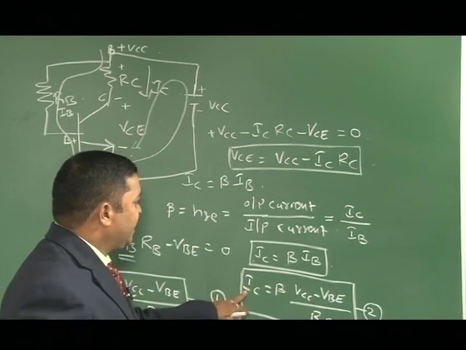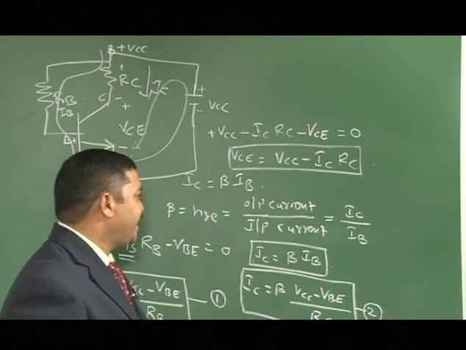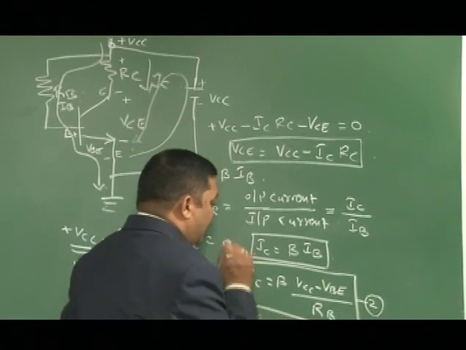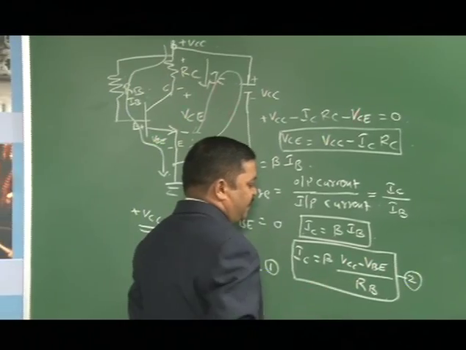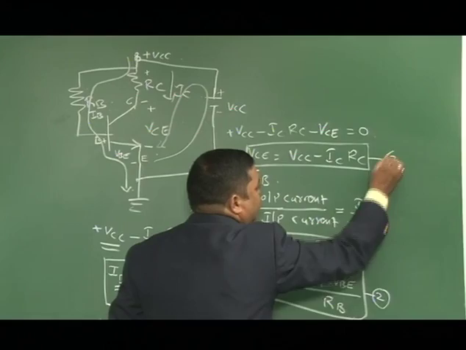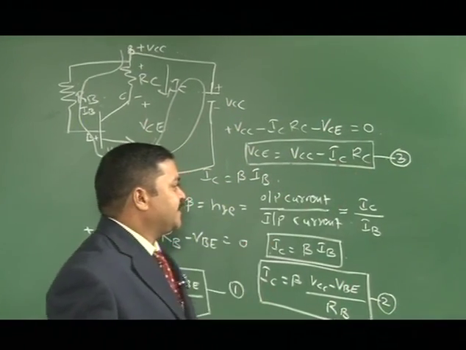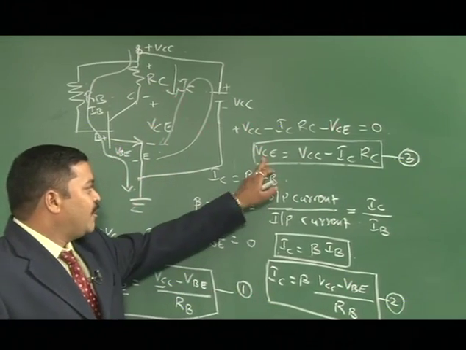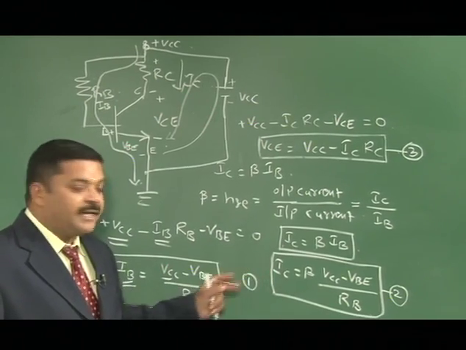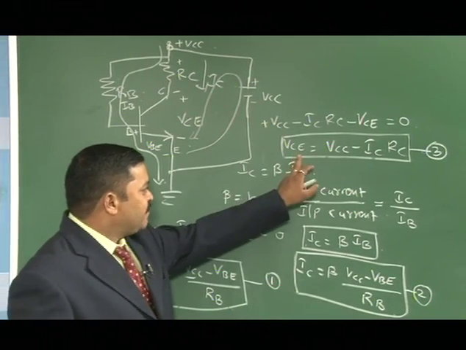Why did I find IC and VCE? Because the operating point, or the bias point, or the fixed point, is an ordered pair of IC and VCE. IC is given by beta times VCC minus VBE by RB, which is equation 2, and VCE is given by VCC minus IC into RC. So I have found VCE and IC, and therefore I can easily write the operating point Q. Now, equation number 3.